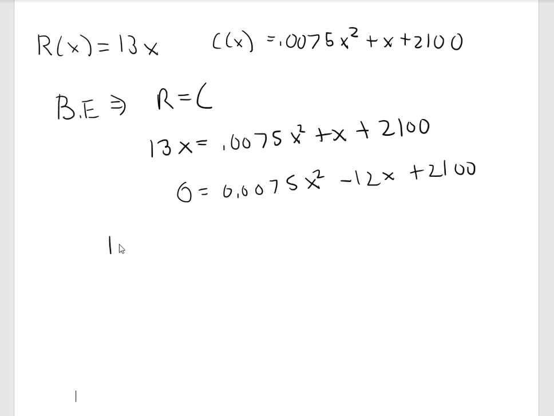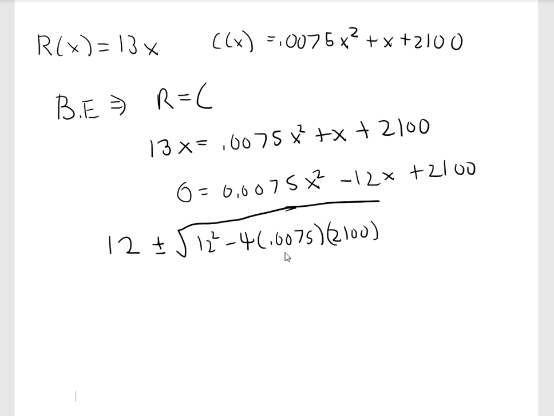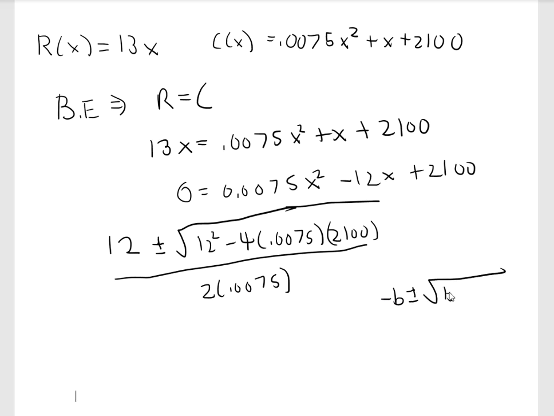So this is going to be negative b, which is 12, plus or minus the square root of b squared, so that's 12 squared, minus 4 times a times c, divided by 2a. So again, for those of you who don't remember the formula, let me do it right here. Negative b plus or minus the square root of b squared minus 4ac, divided by 2a. That's the quadratic rule.